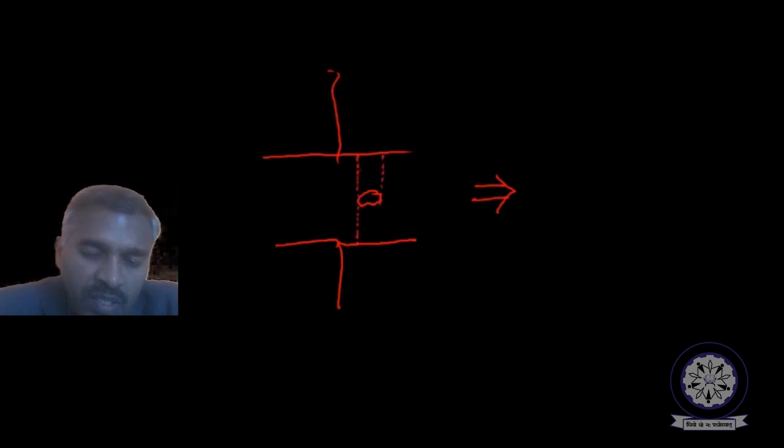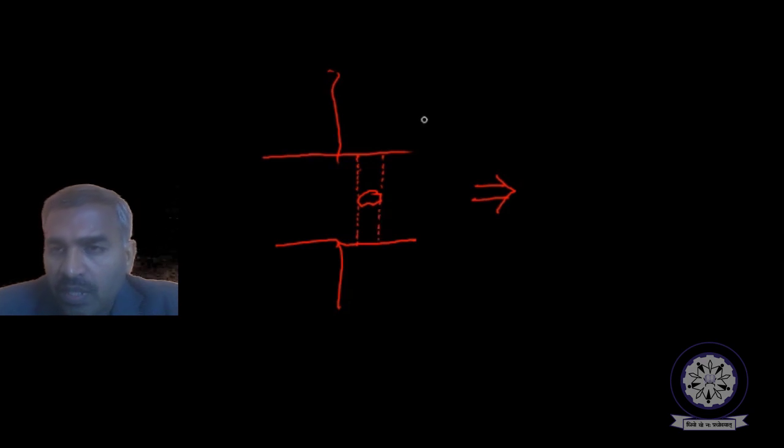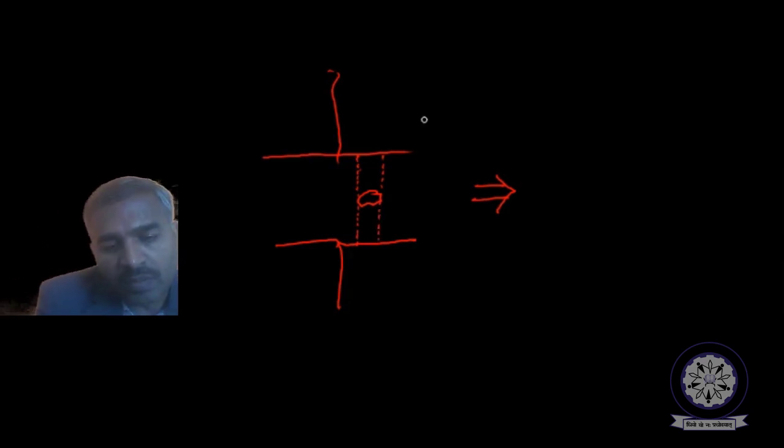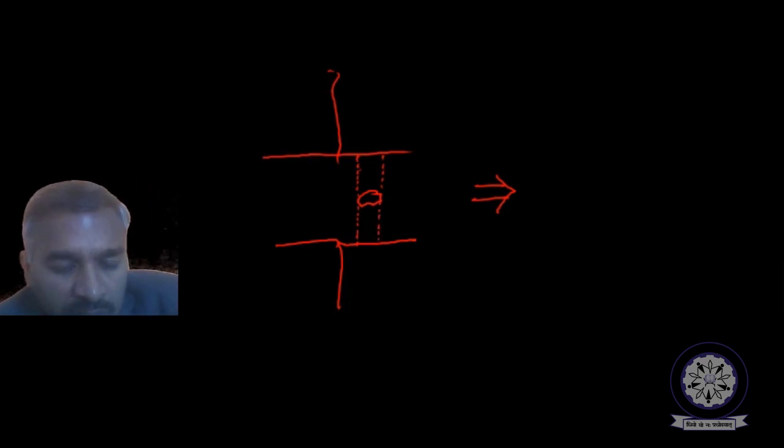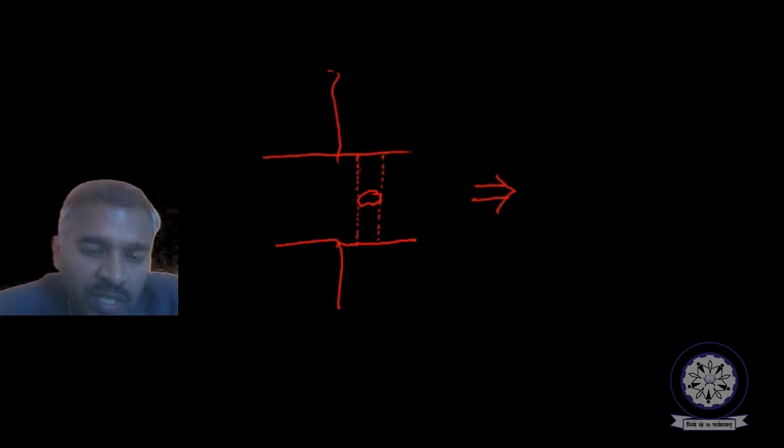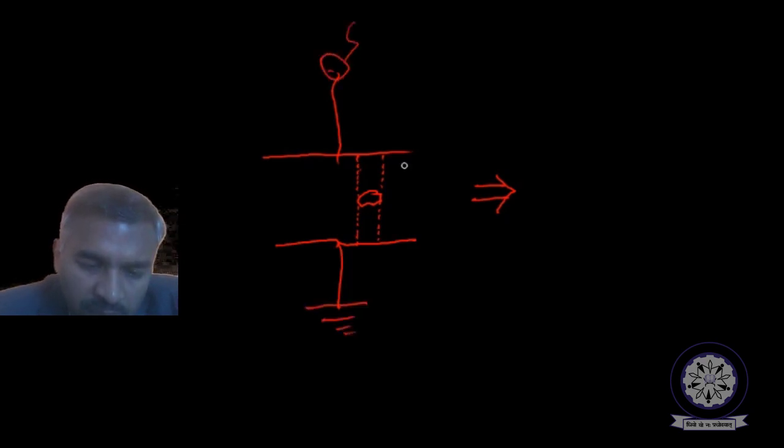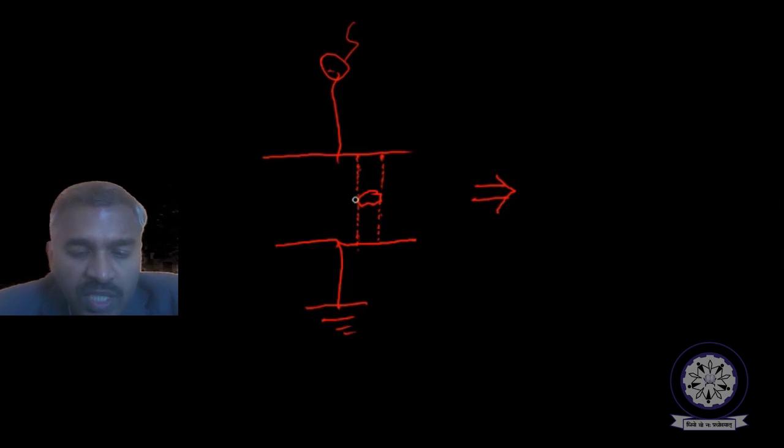Assume the void is spherical, which makes understanding very easy. So assume a cylinder like this, up to the diameter of the void. The rest of the portion you ignore.